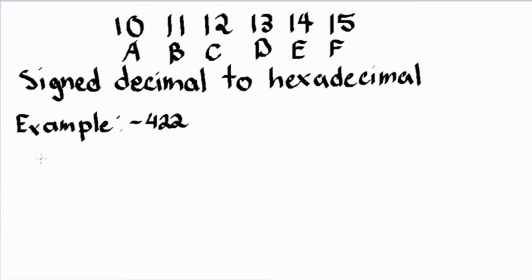For this example, we're doing signed decimal to hexadecimal. So again, we're going to take the number -422. First you find the absolute value of the decimal, which is 422, and then you divide the decimal by 16 until your quotient is 0. Remember to record your remainder since it's going to be your answer.